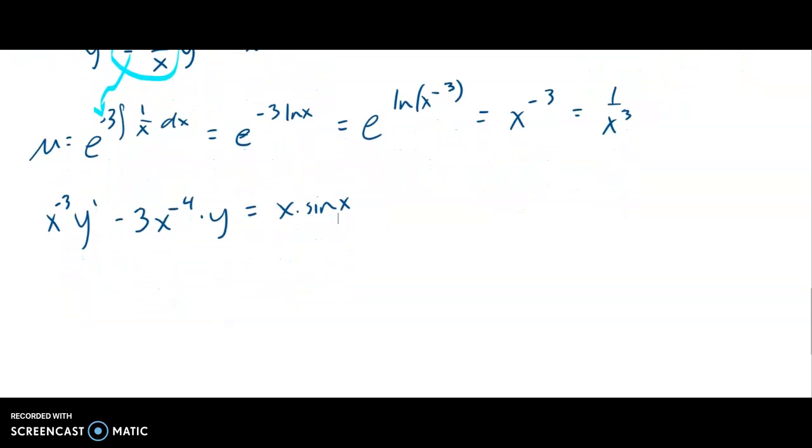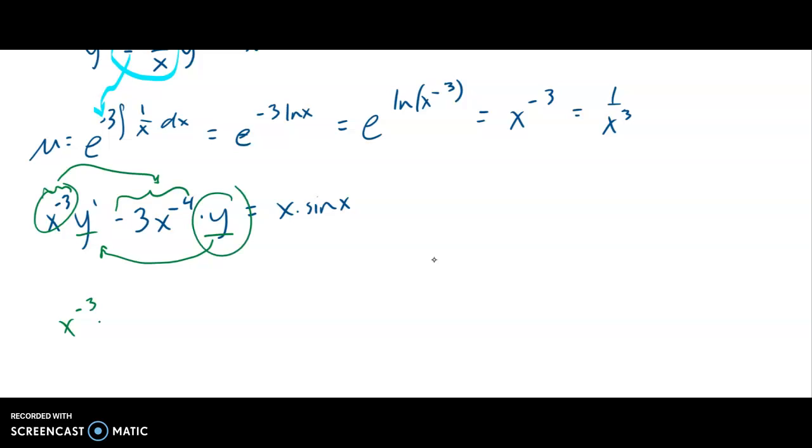So from here, integrating factor derives to that, and then this derives to that with the negative. So if I reverse product rule this, we take x to the negative 3, the two pieces that derive to the other two pieces.